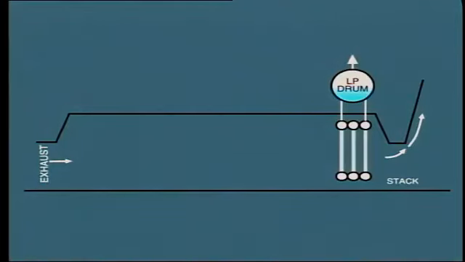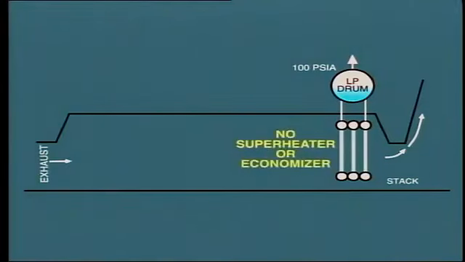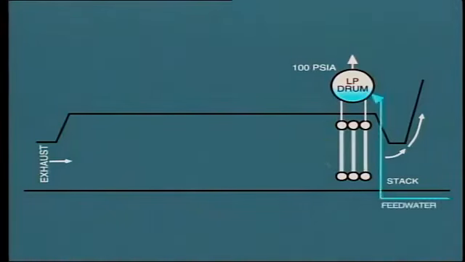This operates at a steam pressure of 100 psi and has no superheater or economizer. Feed water is fed directly into the drum and from here through the convection banks of the LP evaporator. Saturated steam is produced at the saturation temperature of 328 degrees Fahrenheit. This steam is used for space heating.